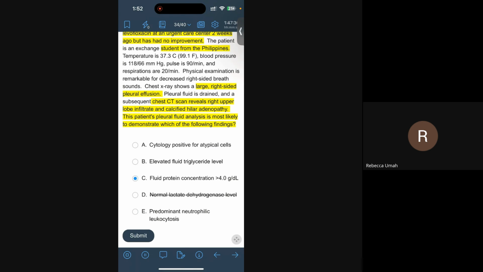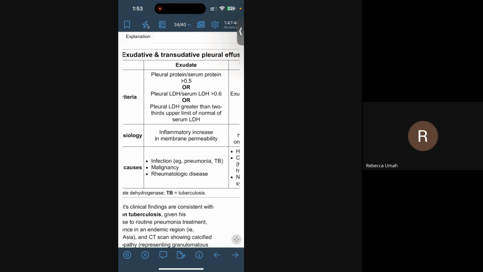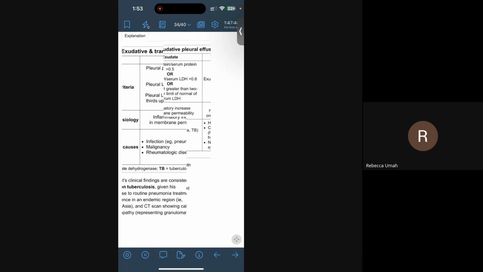It is not pneumonia, so we are not going to see neutrophilic leukocytosis; we are going to see lymphocytic leukocytosis. It is not chylothorax, it is not cancer, it is TB. So C is the right answer. Remember Light's criteria: pleural protein ratio is going to be greater, and pleural LDH greater than 2/3 ratio.